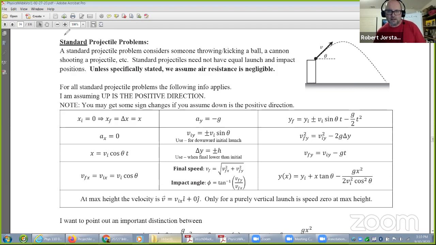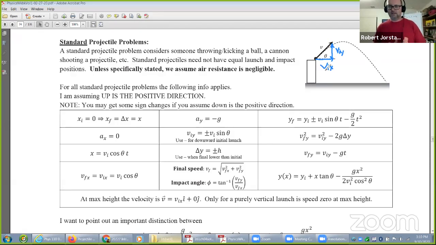Let me get a little bit of, how about a blue here? Notice this would be the initial velocity in the X, and this would be the initial velocity in the Y. Right?